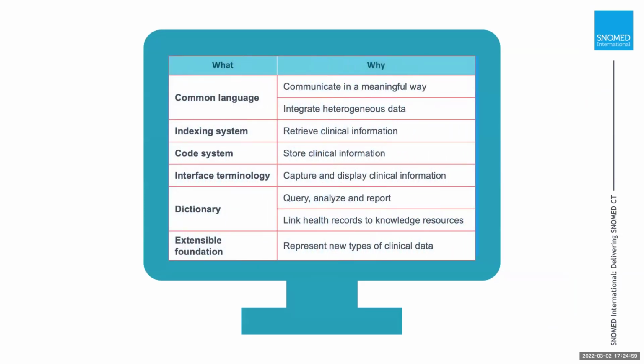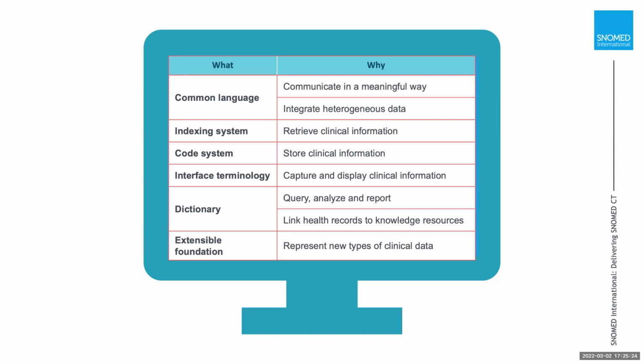So I've taken you through this range of approaches you can use to implement SNOMED CT: as a common language, an indexing system, a code system, an interface terminology, a dictionary, and an extensible foundation. And of course, you may be thinking, well, we want to do everything, and that's perfect.